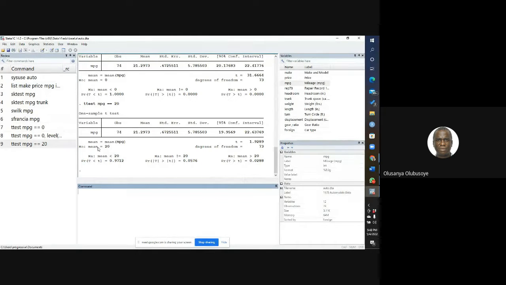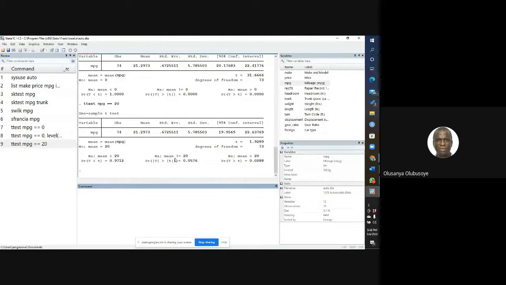So again, here for this test, that the population mean is equal to 20, I can see here now that if I choose an alpha level of 0.05, at the alpha level of 0.05, you can see that this value is greater than 0.05.